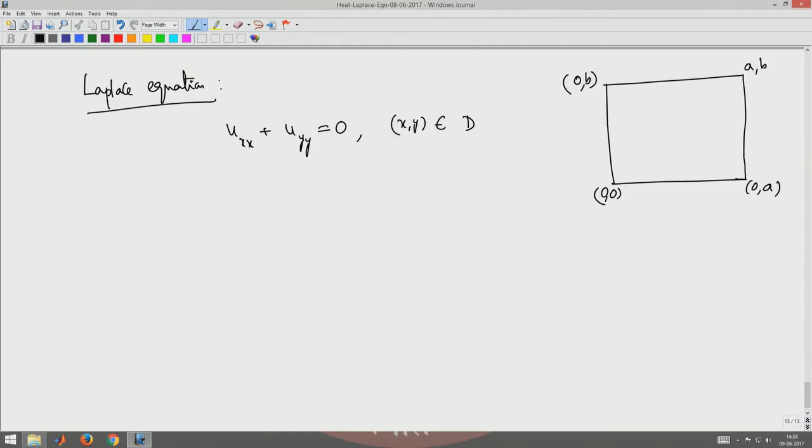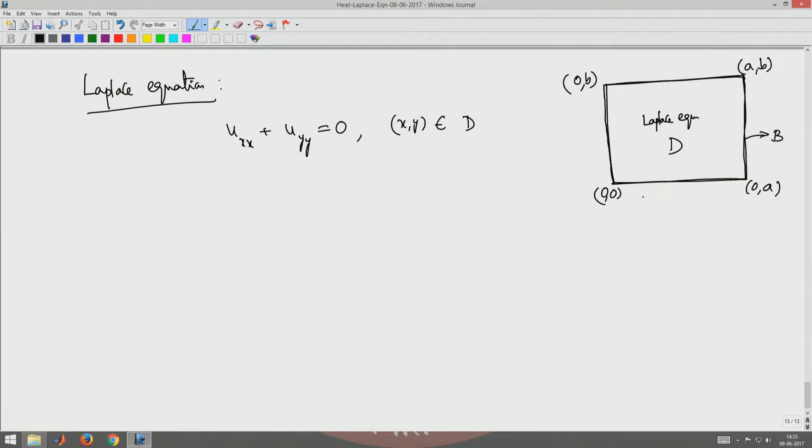Obviously this corner will be (a, b). The Laplace equation is satisfied inside this domain, and since there is no time, you have to provide the boundary data on this boundary. Let us call this boundary B. You can provide data all along the boundary.